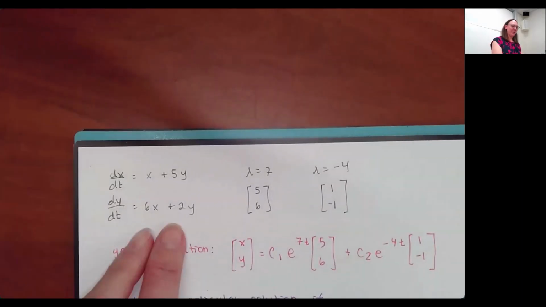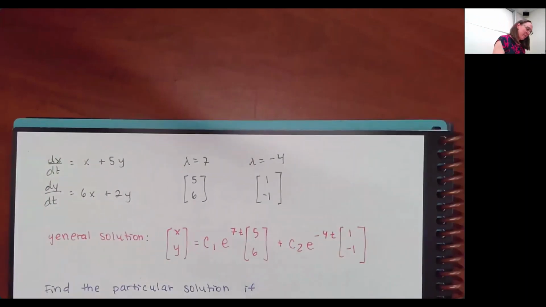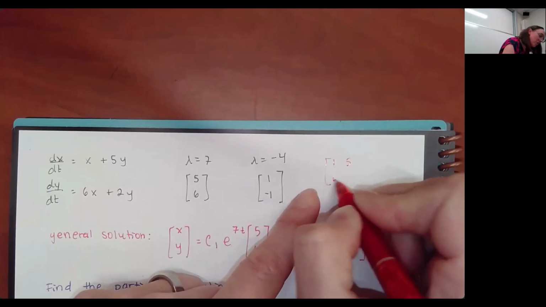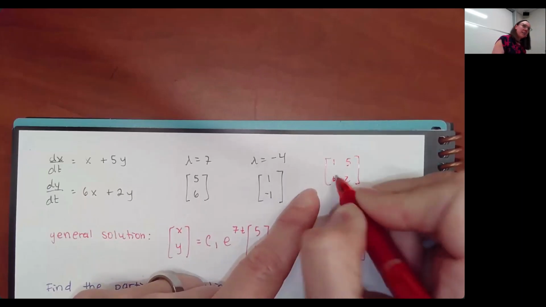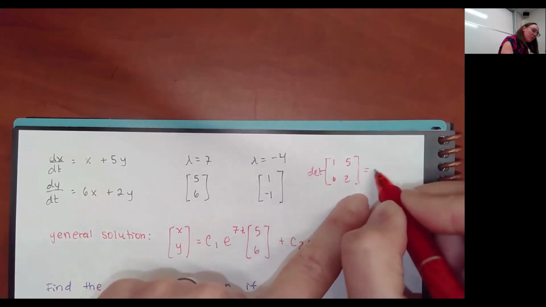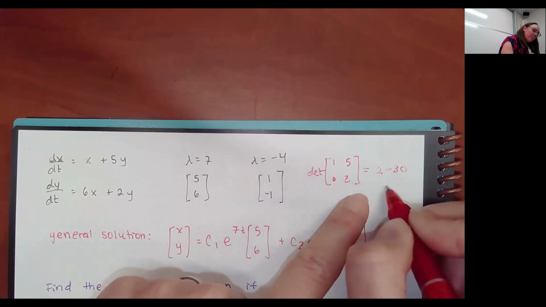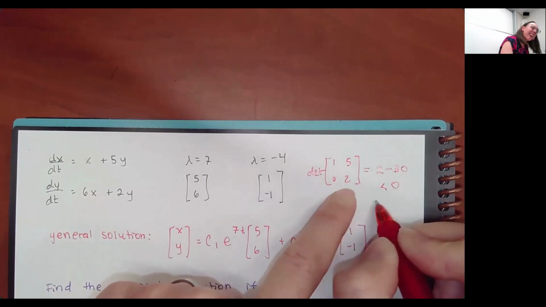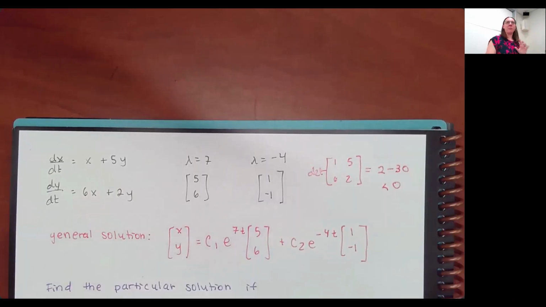So let's go back to my determinant here. If I think about this matrix, 1, 5, 6, 2, the determinant is equal to 2 minus 30, which is less than 0, which tells me that I have a saddle point at that equilibrium. It's all related.